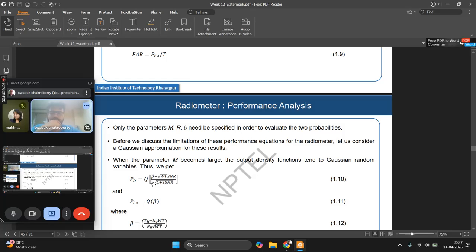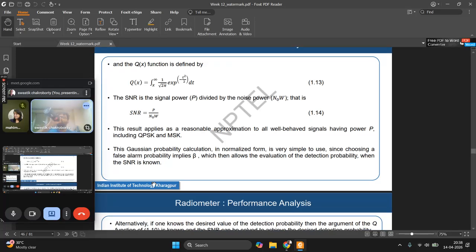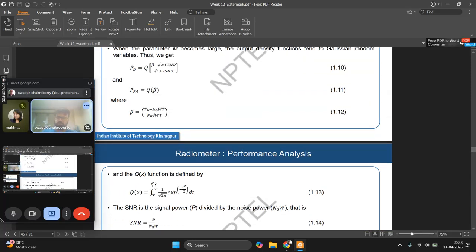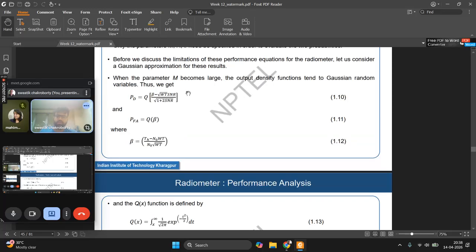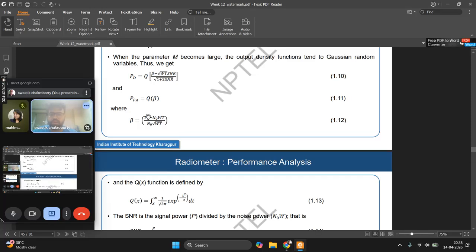Before we discuss the limitations of these problems, let us consider a Gaussian approximation. So now they do some Gaussian approximation, with which PFA is approximated as the Q function of beta, where beta is this particular expression including bandwidth, time, hop time, noise floor, all of that combined together to form beta.